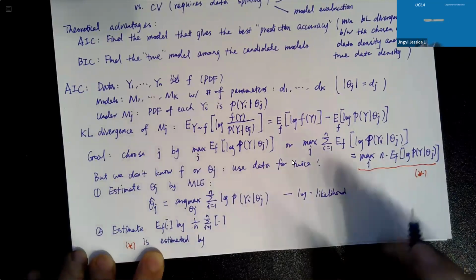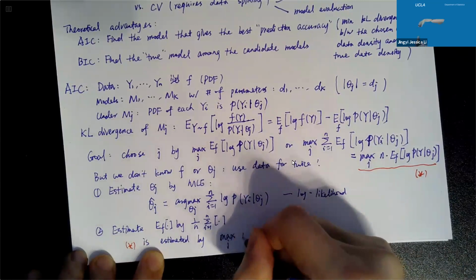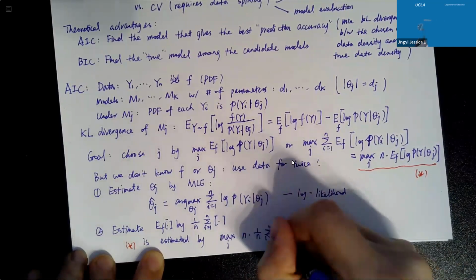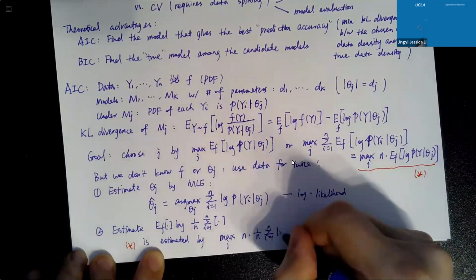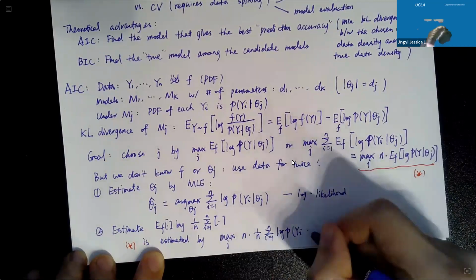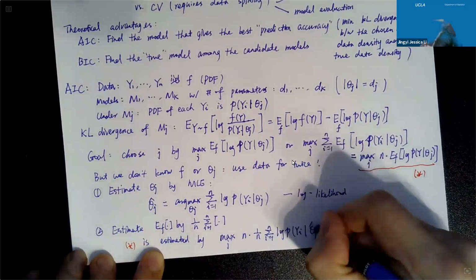So we are going to have n times 1 over n summation i from 1 to n of log p(yi), and theta j is going to be replaced by the MLE.